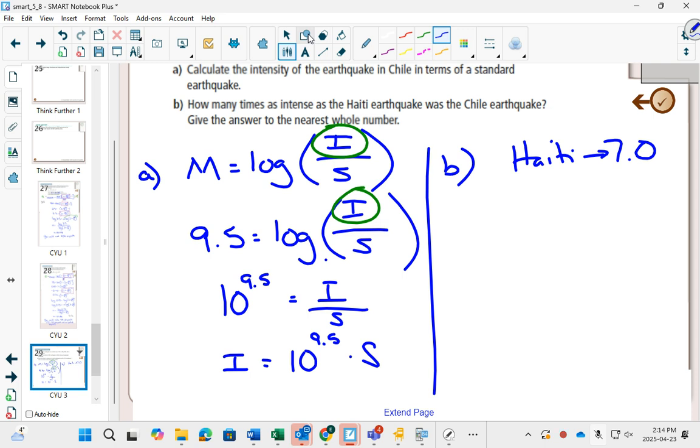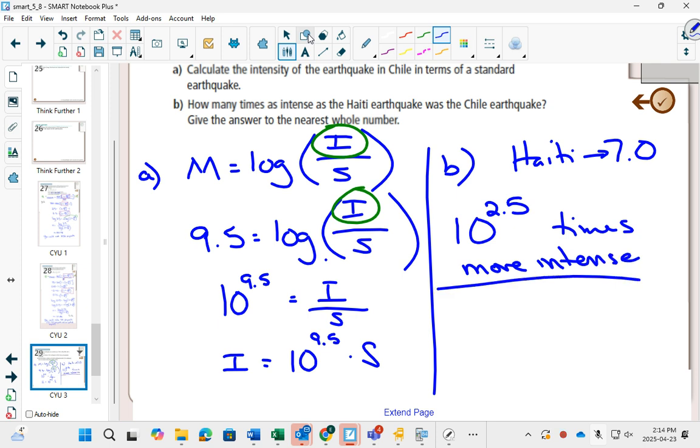The shortcut for these, which I would encourage you to use, is I hope you notice that from 7 to 9.5, you go up 2.5. So this is the easy way to solve these questions. There we go. We're done.